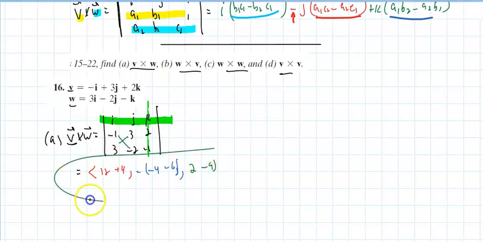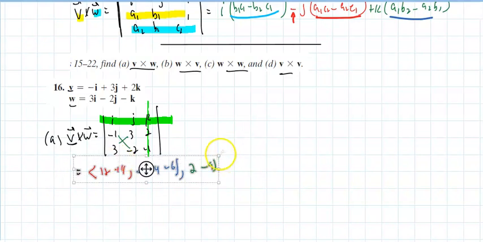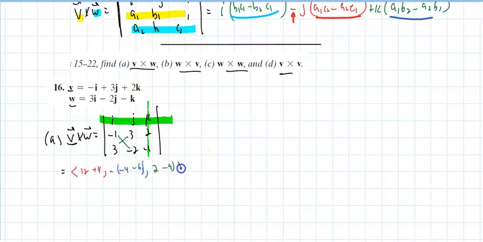And that's basically it. I got this. So the cross product of those two would be a 16, a negative 10, and a negative 7.